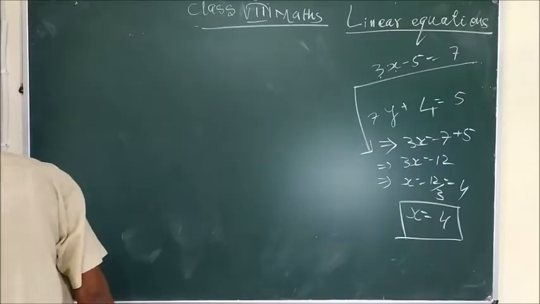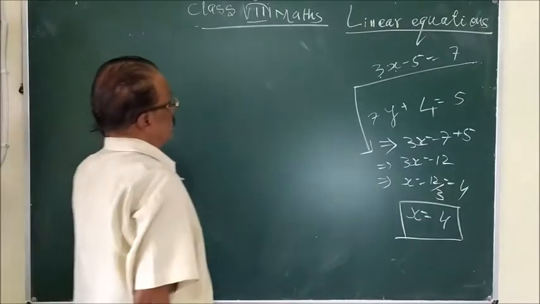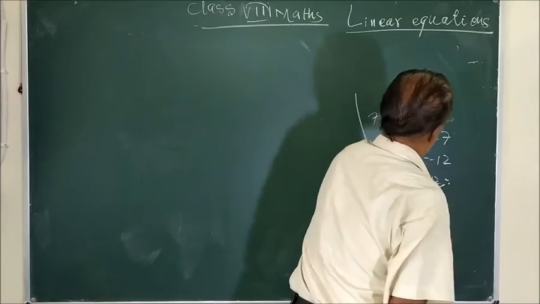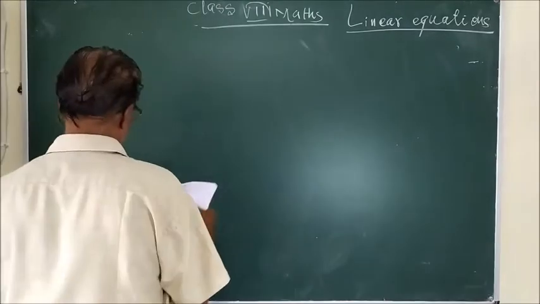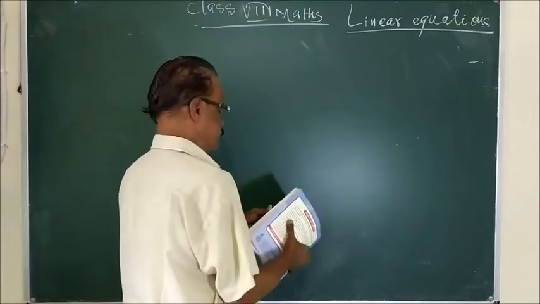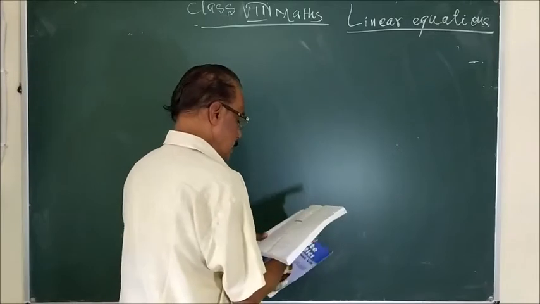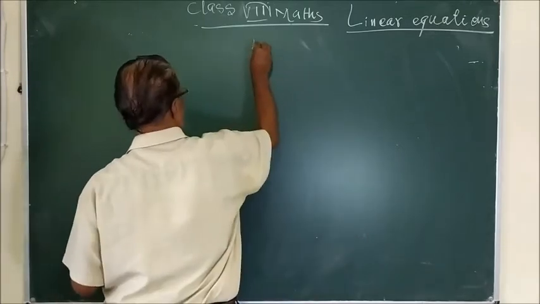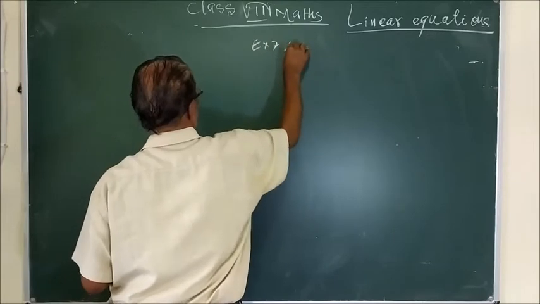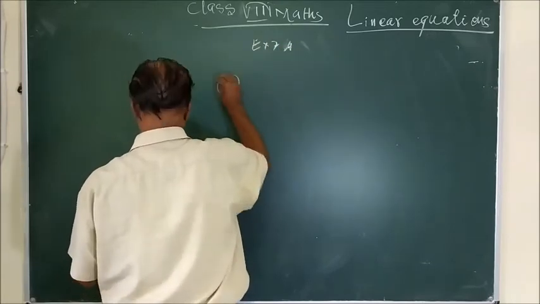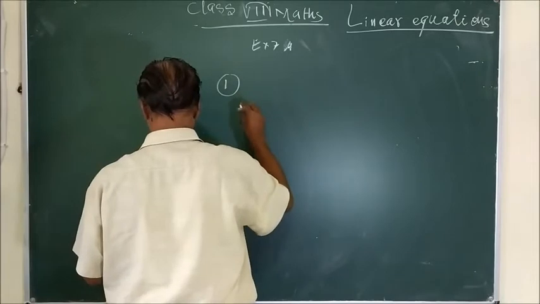देखिए, I try to make it very easy by solving one question. So come to question number 7A, exercise 7A, and you listen to me carefully: solve the equation and check your answer.